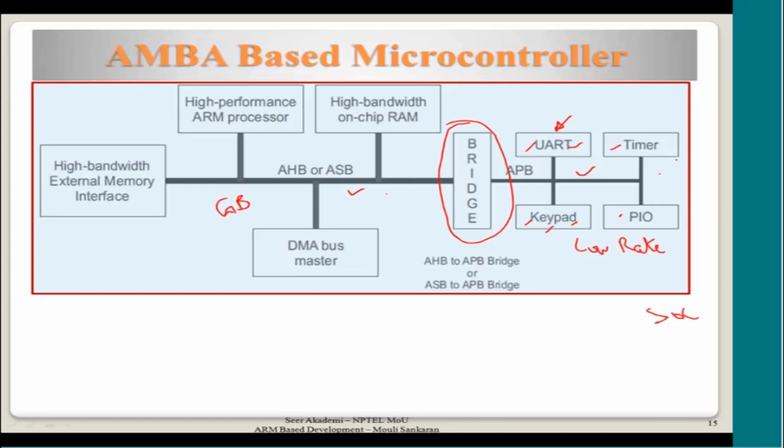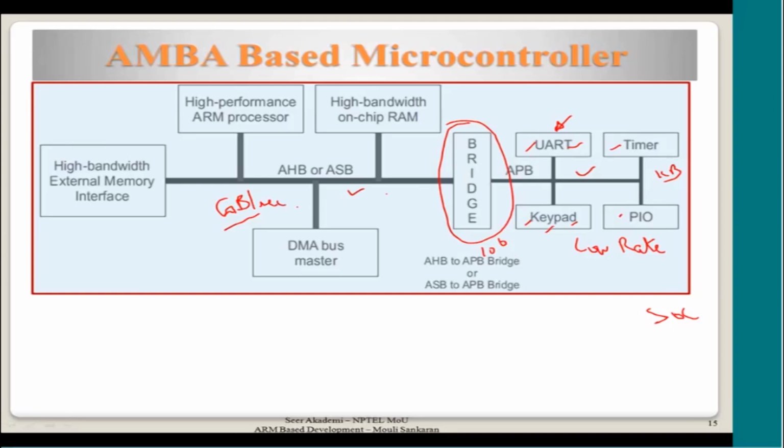So here there are a few bytes or maybe kilobytes of data, and here a few gigabytes of data transfer per second, of course. So you can see the difference between these two, almost around 10 power 6. So that's why the bridge is coming in.